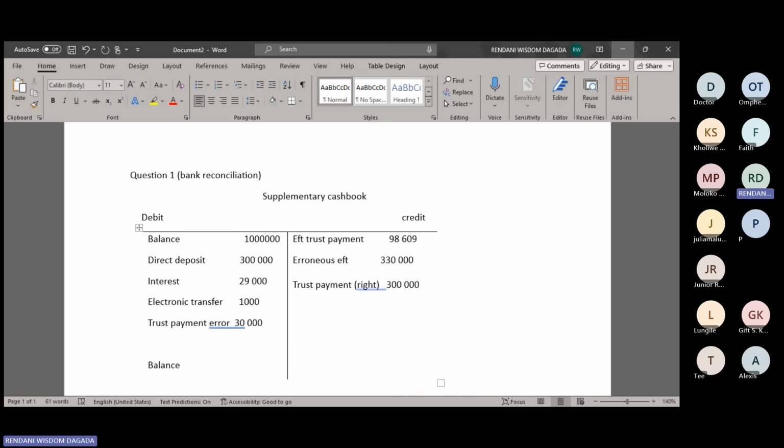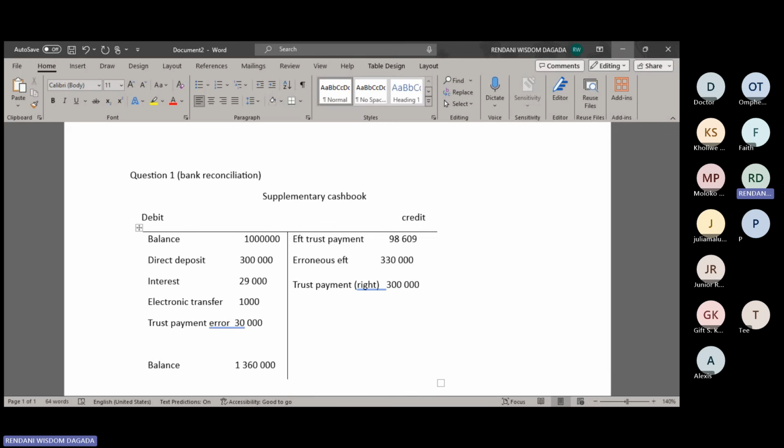So I'm going to say 1 million plus 300,000 plus 29,000 plus 100,000 plus 30,000. That is going to give you 1.3 million. The balance is 1.3 million.